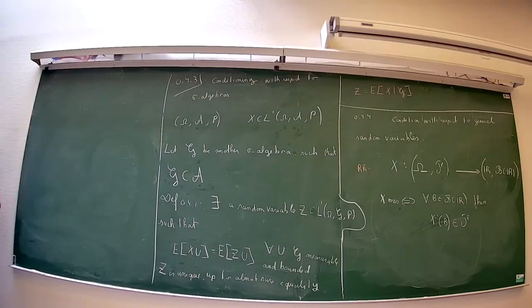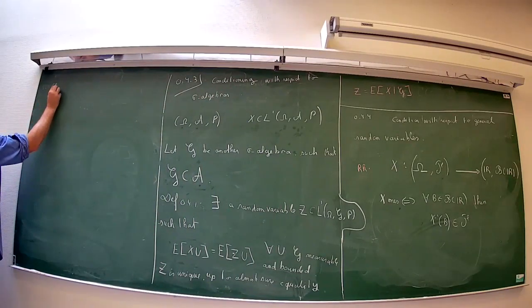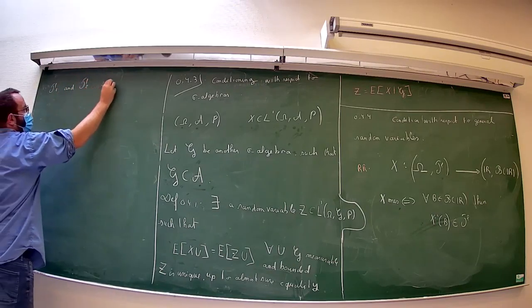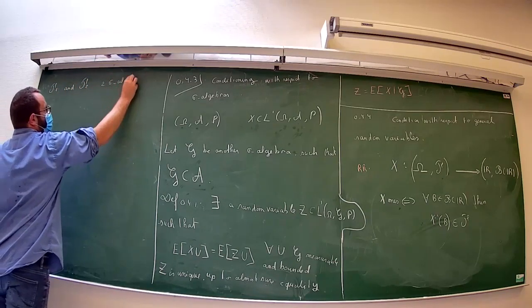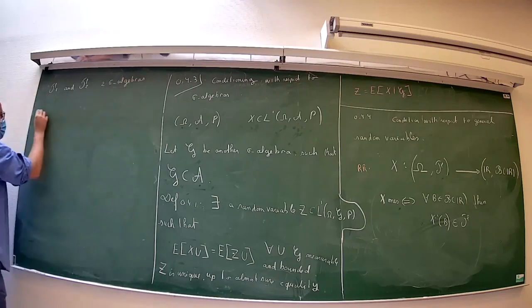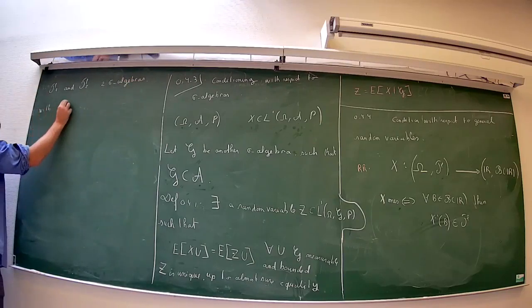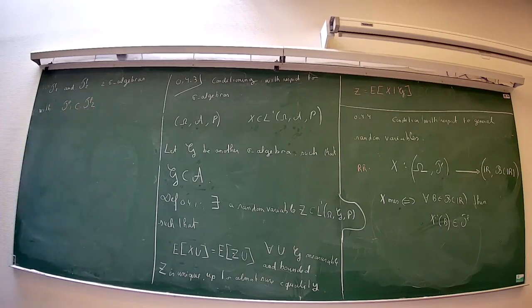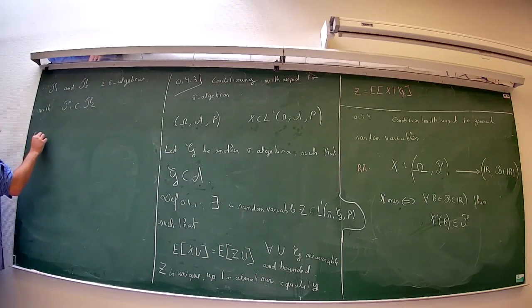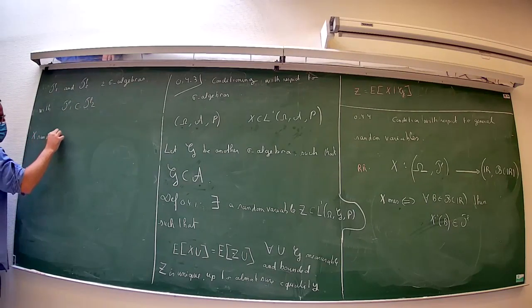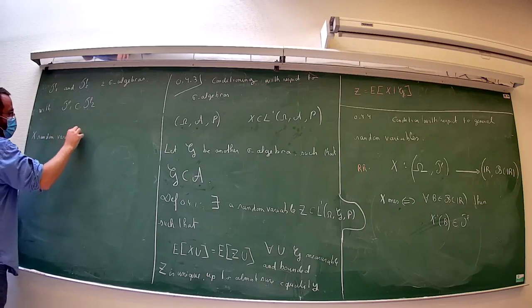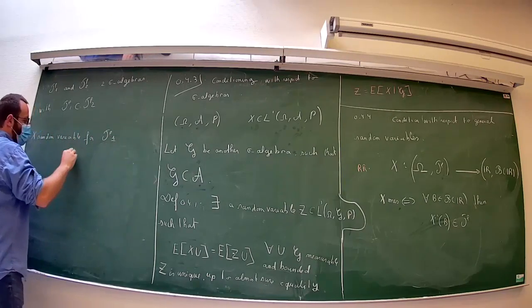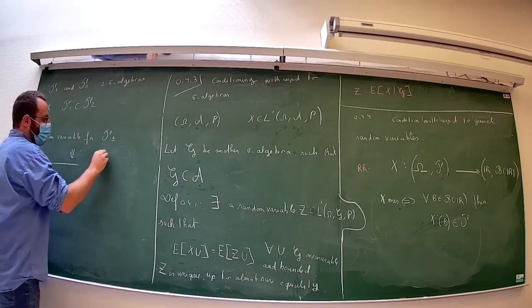If I have two sigma algebras, F1 and F2, with F1 included in F2, I said that X a random variable for F1 implies X a random variable for F2.